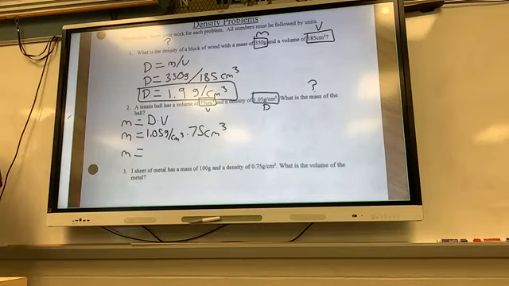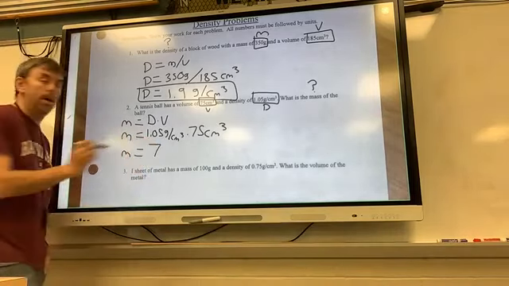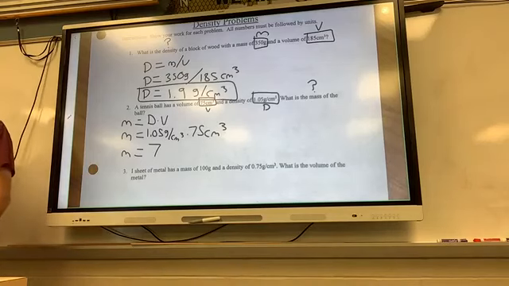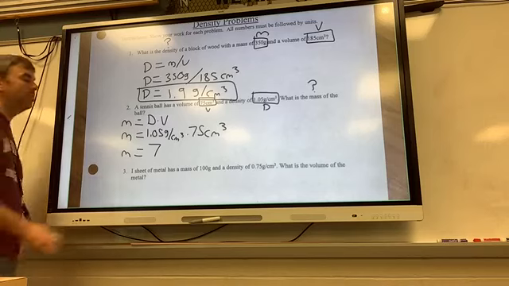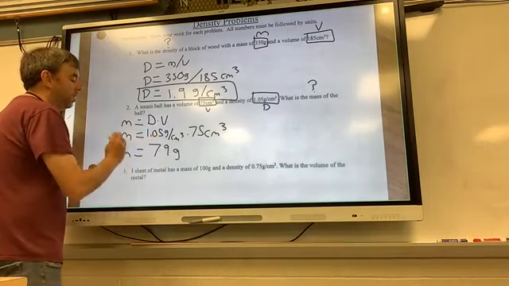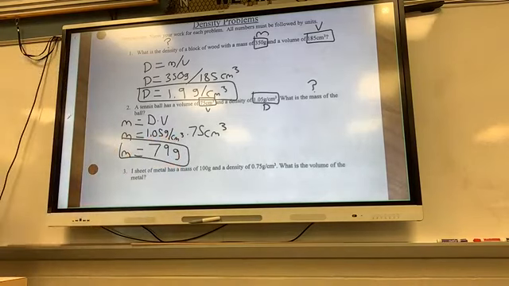So 78.75 is going to round to? 78.8, which is up to 79. So it'd be 79 grams. Does it make sense why I only have 2 sig digs?